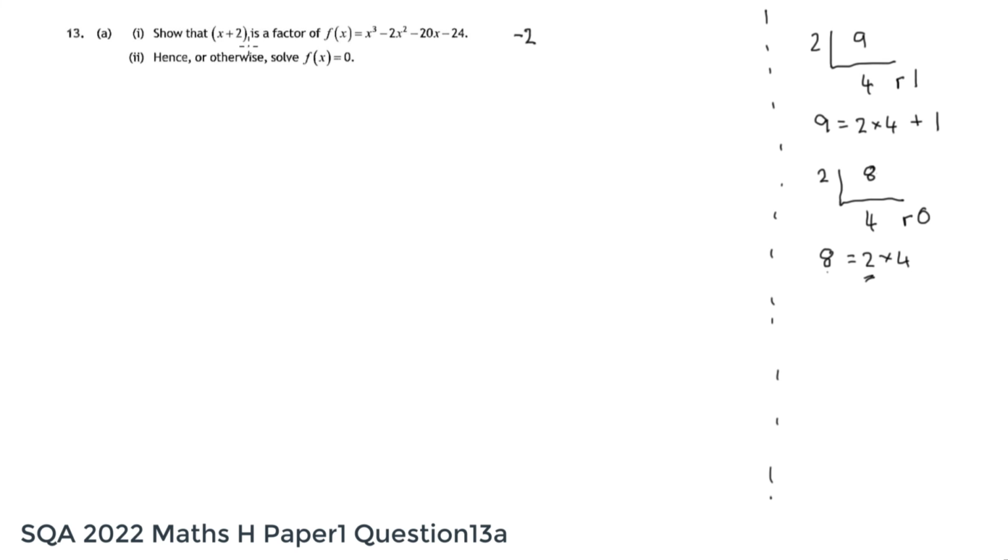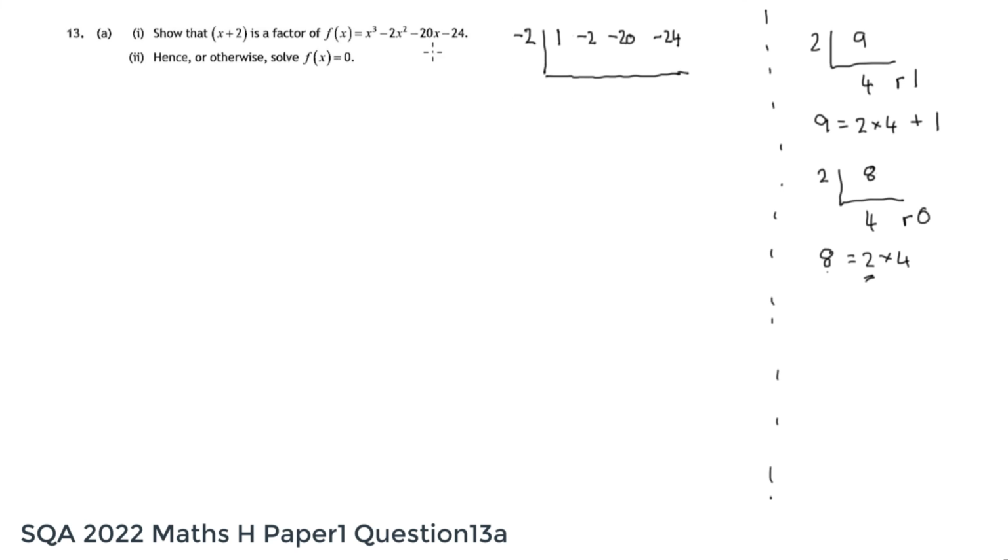So we set up a negative 2. There's our division scheme. Now the code for this polynomial are its coefficients. So there's 1x cubed, there's negative 2x squared, there's negative 20x's, and there's a constant of negative 24 at the end.